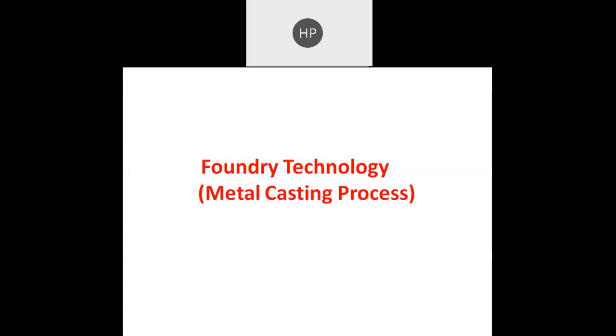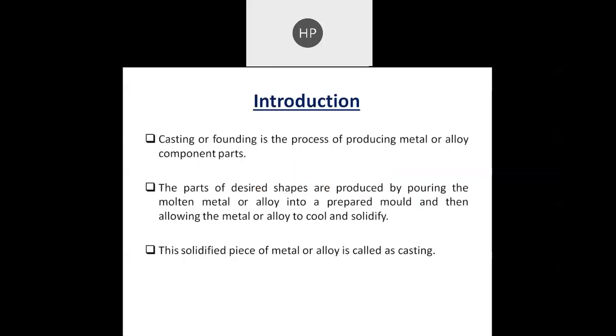that is termed foundry technology, and in general it is also known as the metal casting process. So casting or foundry is the process of producing metal or alloy component parts.